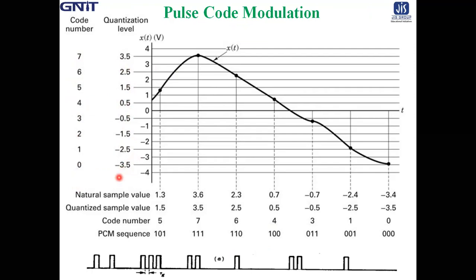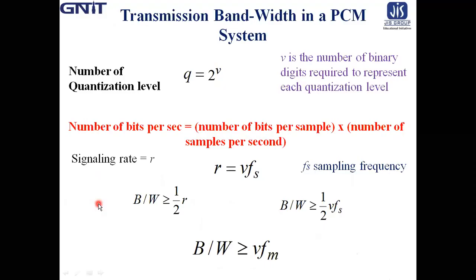Therefore, how many quantization levels are present? If V is the number of bits required to represent each quantization level, then the number of quantization levels is Q, say Q equal to 2 to the power V.